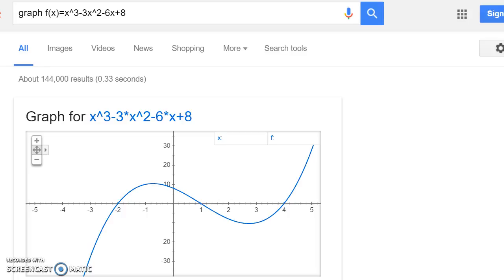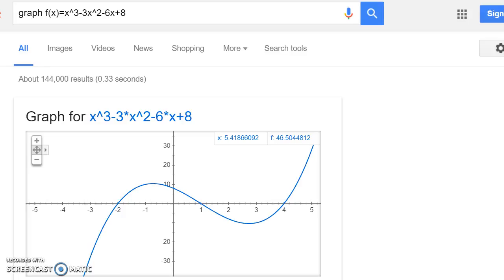Another function, this is x cubed minus 3x squared minus 6x plus 8. Notice its end behavior. It looks kind of like x cubed, except it's doing some other things in the middle here. It has 1, 2 turning points, right? So you might say, oh, a 6th degree function has 5 turning points.